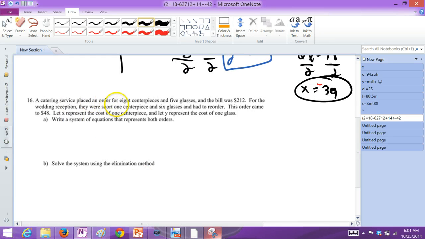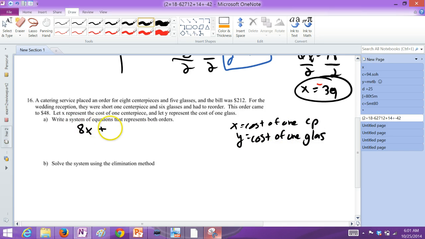Now we have a catering service placed an order for 8 centerpieces and 5 glasses. So X is going to be the cost of 1 centerpiece. And Y is going to be the cost of 1 glass. They ordered 8 centerpieces, 5 glasses, and the bill was $212.